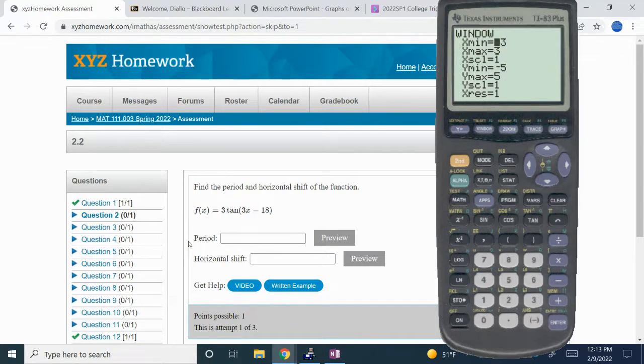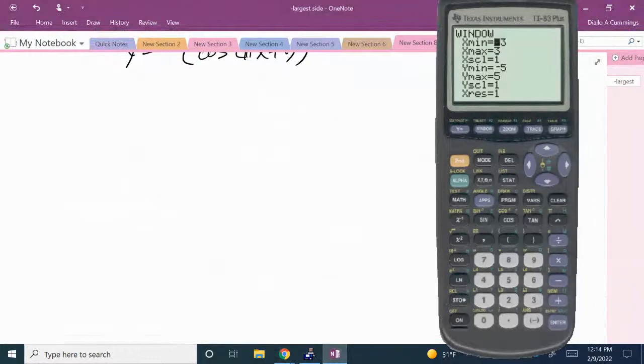3 tangent 3x minus 18. All right, so I want to write that out.